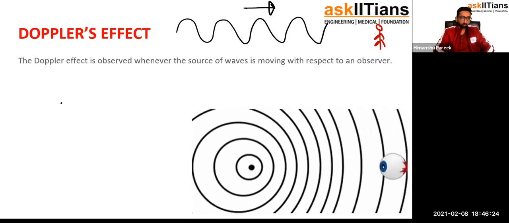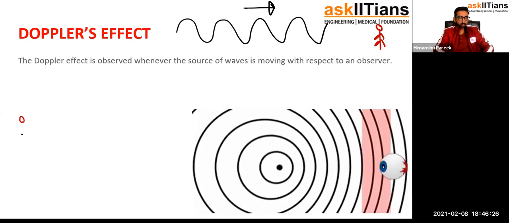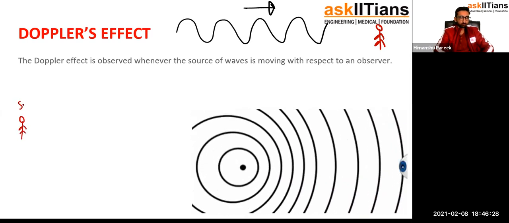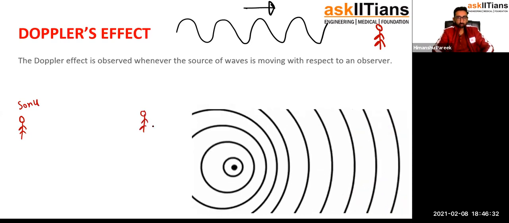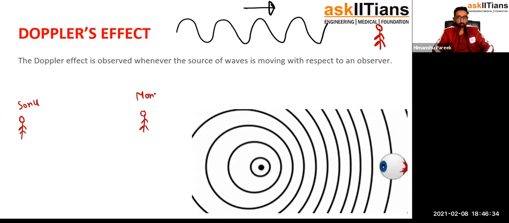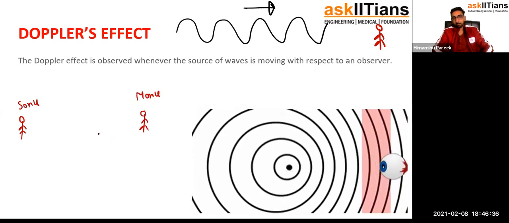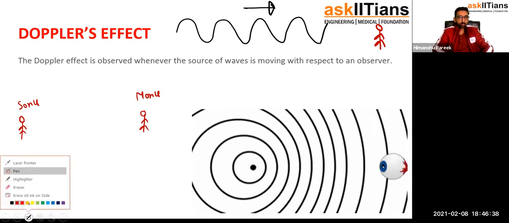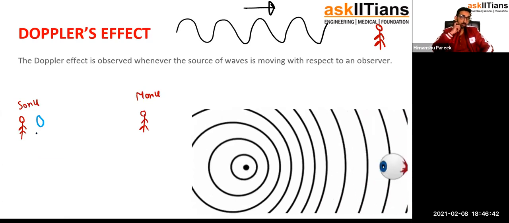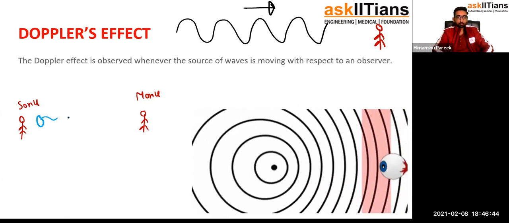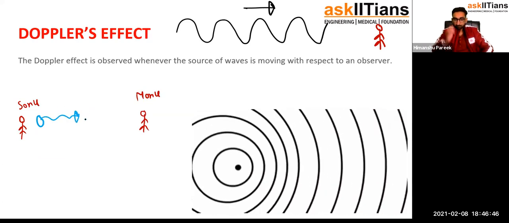Now let's see one thing. Let us take one analogy. Suppose here your friend is standing, Sonu, and here your other friend is standing, Monu. Now let's say Sonu is throwing stones continuously towards Monu. He does not stop.